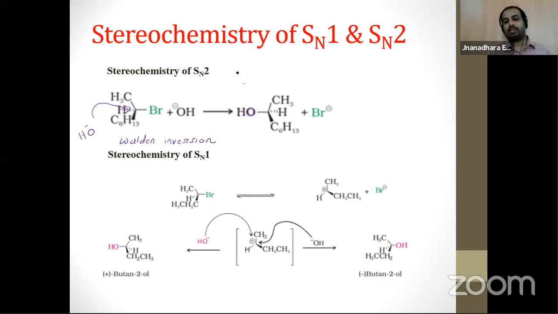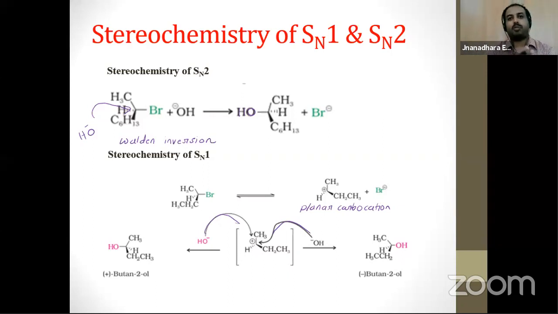In SN1, what happens? Haloalkane cleaves, producing carbocation, and please remember, carbocation is planar. Planar carbocation. And when something is planar, the nucleophile can approach from above the plane or below the plane. So there are two possibilities. If it approaches above the plane, you get one enantiomer.